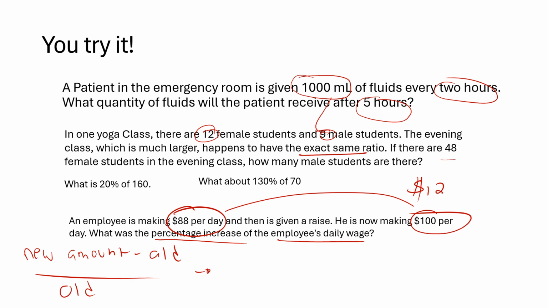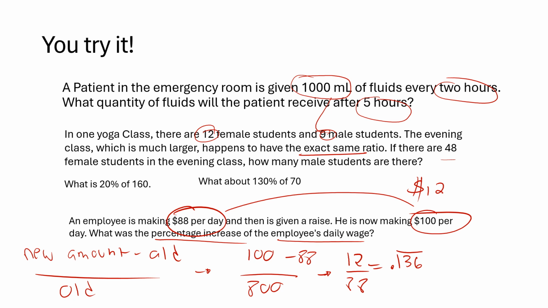So if we were to put this into practice, we're going to get 100 minus 88, so that new amount minus the old amount over that old amount. We're going to get 12 over 88. Plugging this into a calculator, the answer is 0.136, with the 136 continuously repeating.